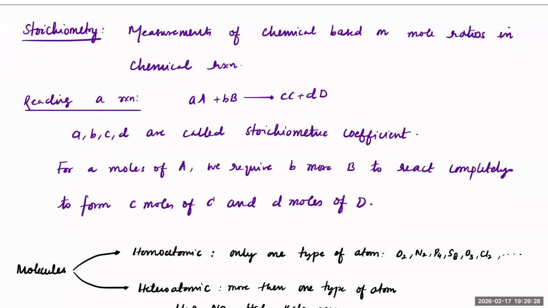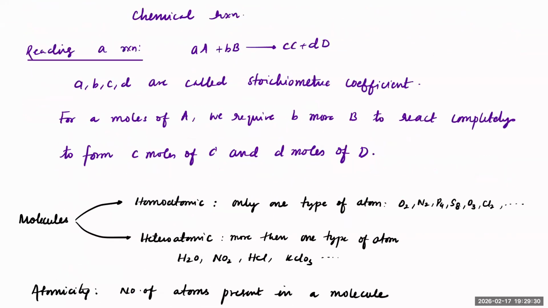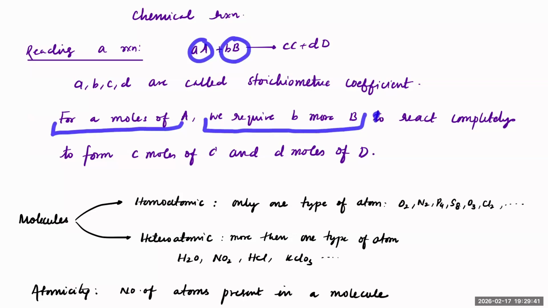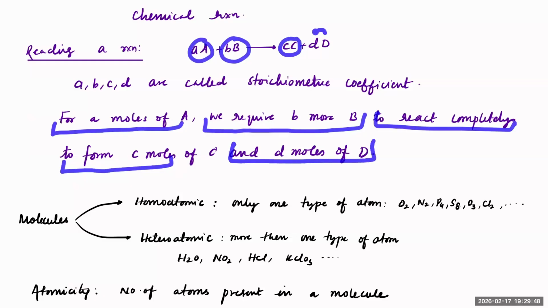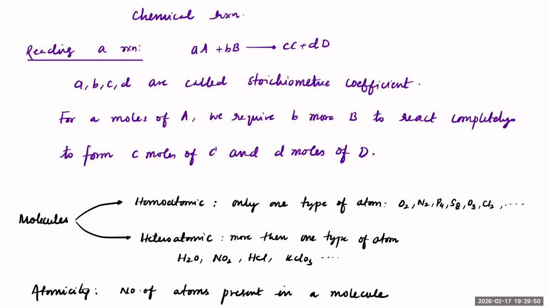Okay. How do we read that? Once you balance it, how do we read it now? This is the way you read it. For A moles of A, we require B moles of B to react and completely form C moles of C and D moles of D. Got it?